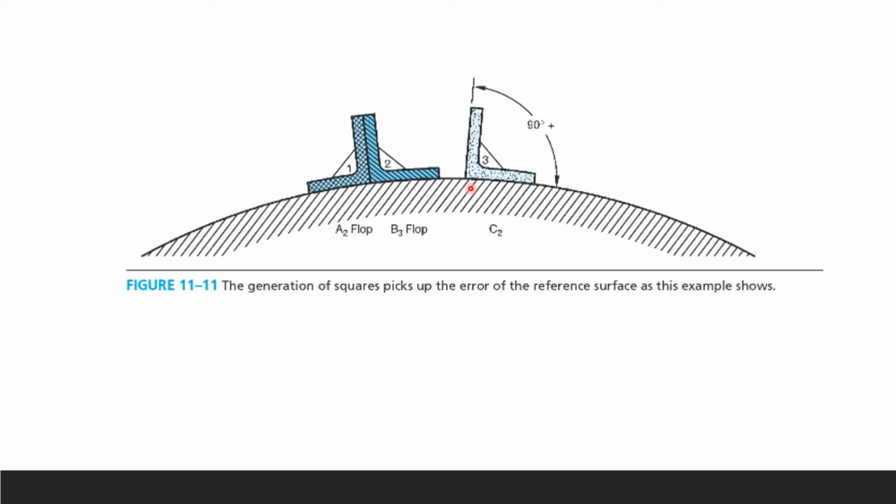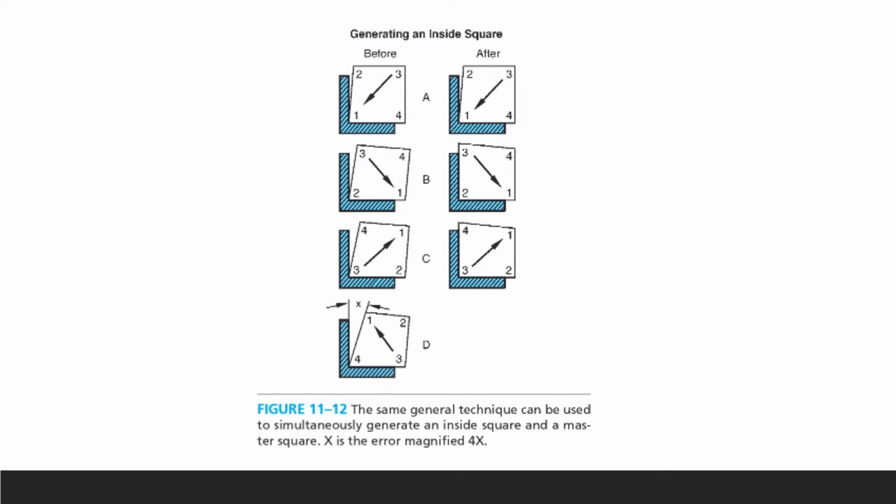But when you put it on a curved surface, they will definitely pick up that error. So that's what we're talking about. It doesn't matter which part you use, 1 or 2 or 3. Okay, so here is your perpendicularity reference plane.